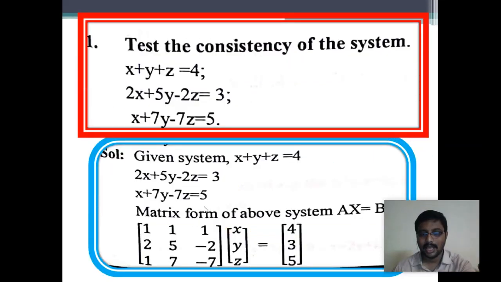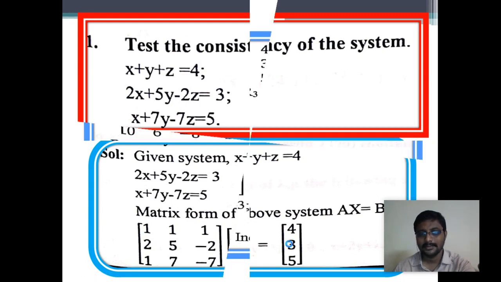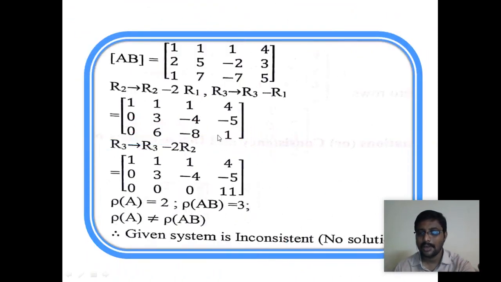X is called the unknown matrix and B is called the constant matrix. In the next step, we have to find the rank of AB and the rank of A. For this, we consider the augmented matrix, that is, AB is the augmented matrix. Now we reduce AB to row echelon form by applying row operations. In the row echelon form, the number of non-zero rows of AB is 3, so the rank of AB is 3.